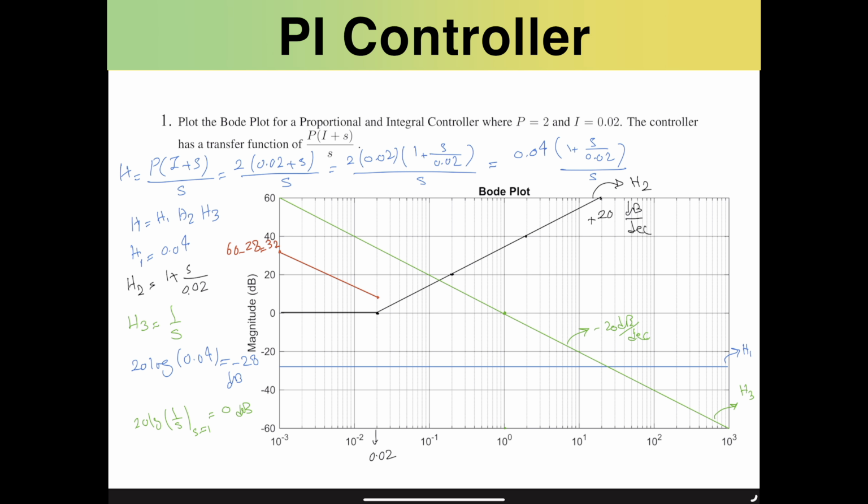So it means that our high frequencies are going to stay at this level almost all the time. So that will be our characteristics for the gain, which goes back to the total H in this case. So here is H, and remember that this piece had minus 20 dB per decade.